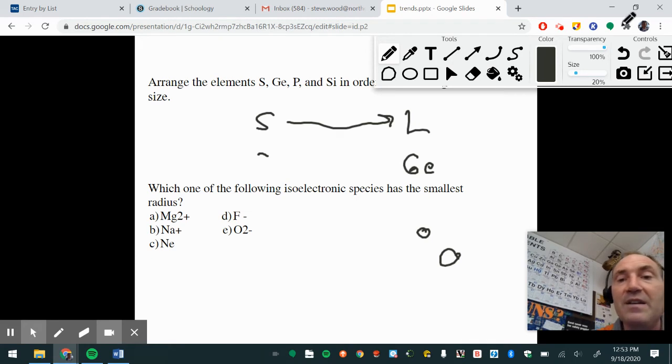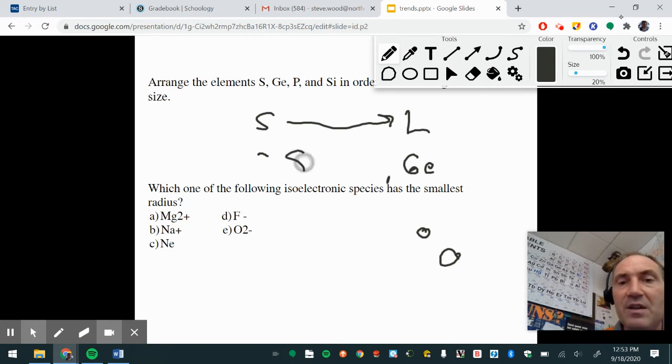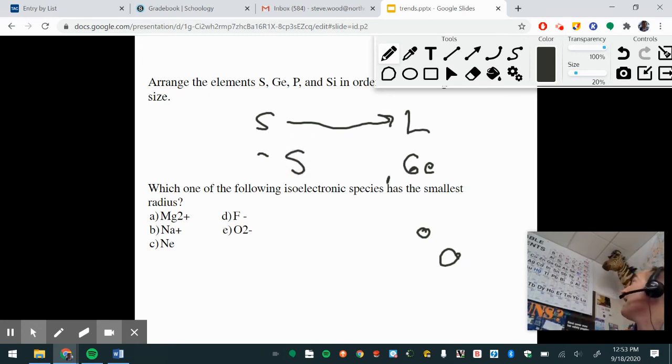And then the smallest one would be S. So S would be the smallest, followed by P, and then followed by Si. So this would be something that you do, and you just kind of use the arrows to figure it out.